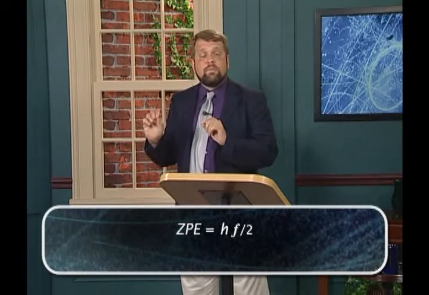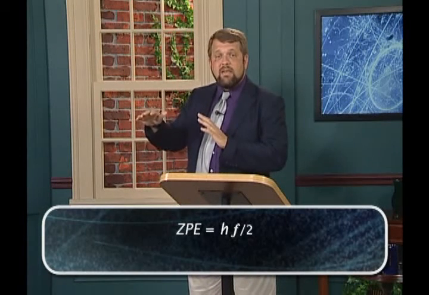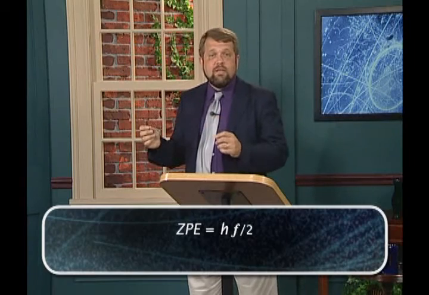And so you can have lots of different amounts of energy in that particular type of light. But even with 0 photons, there's still a little leftover electromagnetic energy, a little zero-point energy, that has this frequency and direction in the electromagnetic field. How much zero-point energy? Well, once again, the zero-point energy is equal to Planck's constant times the frequency of the light divided by 2.